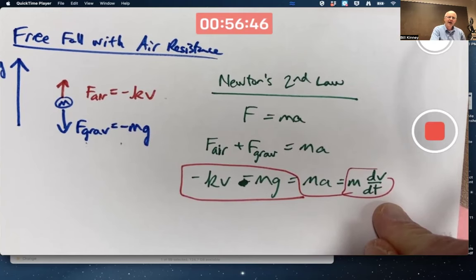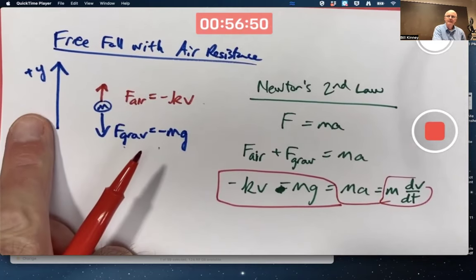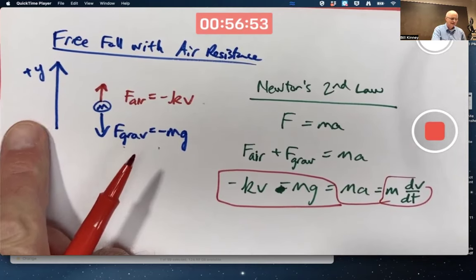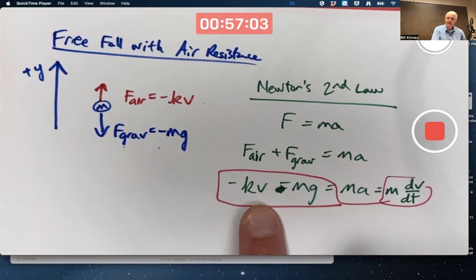Now you might say, well, I'm more interested in the height as a function of time. I could write this as a second order differential equation for the height. dv dt would be the second derivative of y with respect to t twice, would equal the first derivative of y with respect to t over there. However, that's not really so handy to do.